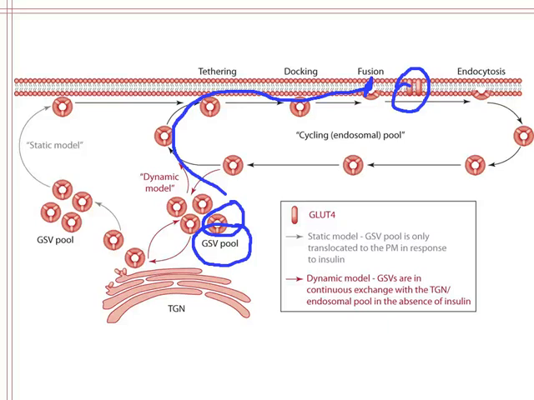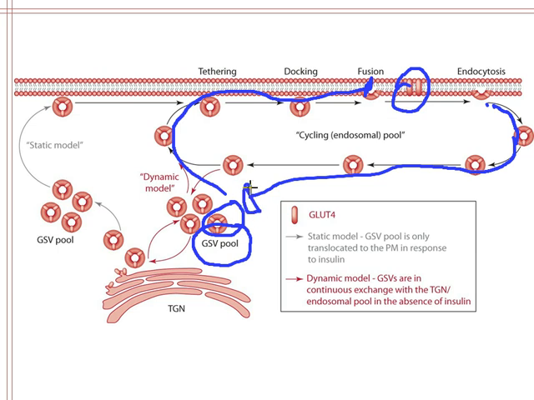And then once it's no longer needed, so there's not a higher insulin concentration outside of the cell, or the exercise has stopped, that sort of thing, basically we don't need to get more glucose into the cell, then the GLUT4 transport protein goes back into the storage vesicle, and endocytosis happens, which is essentially bringing it back into the cell so it can be stored for later use.